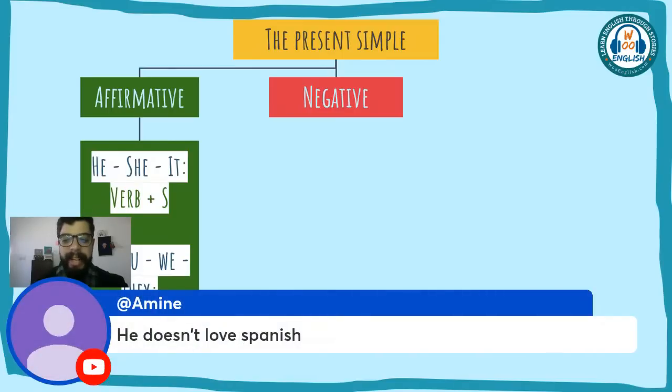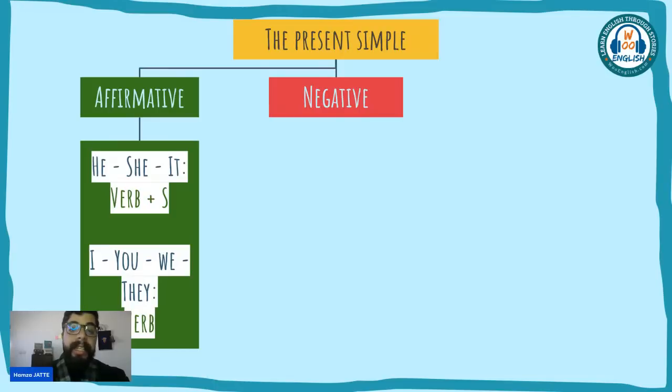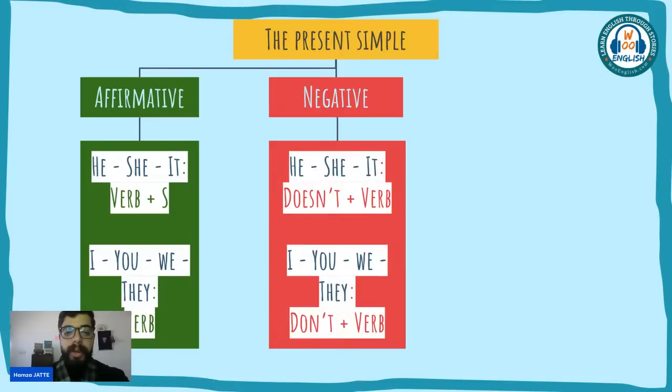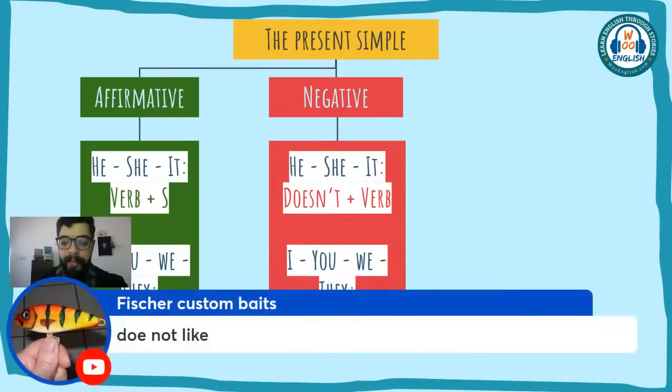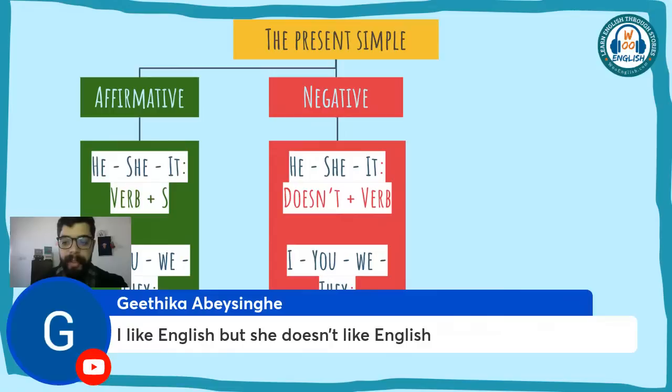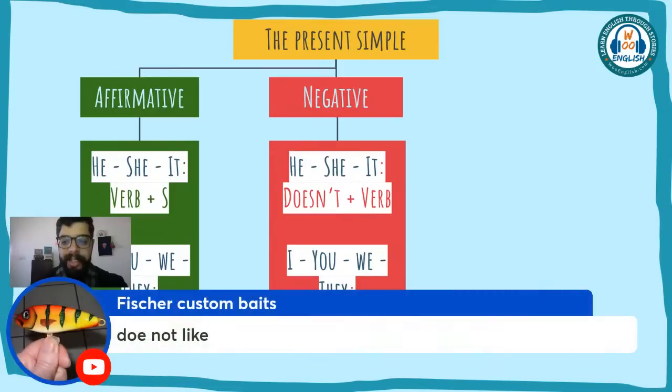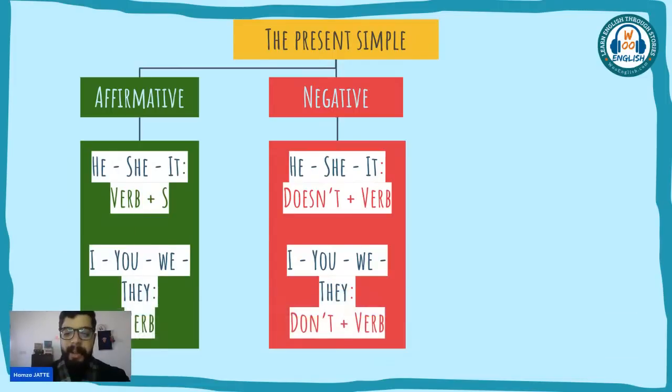He doesn't love Spanish. Indeed, yes. So the rule is very simple. So, okay, let me see. I like English, but she doesn't like English. Jan also does not like. You just need an S, Jan. Great. Okay, you already corrected it. Fantastic job. All right.